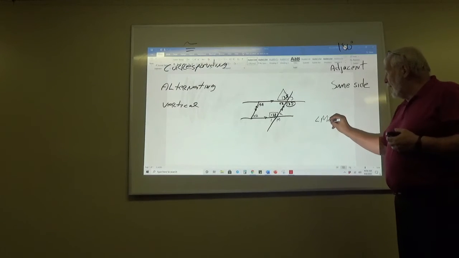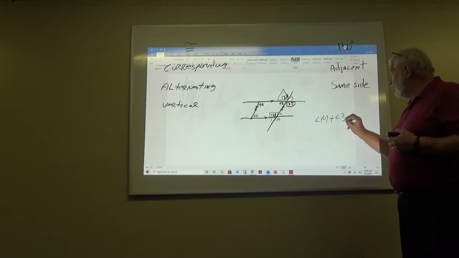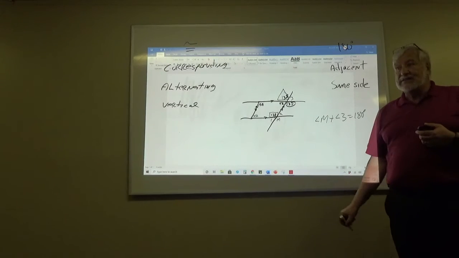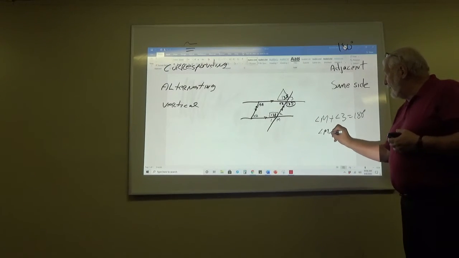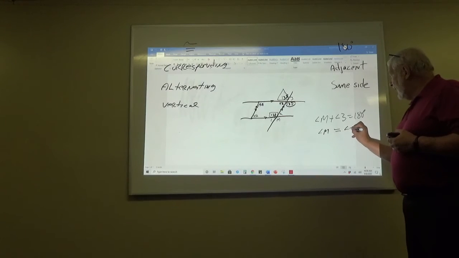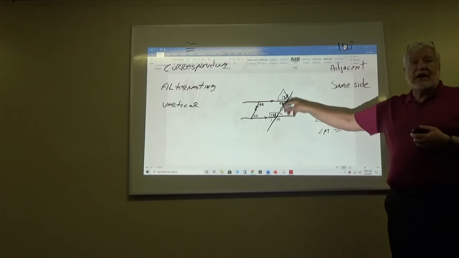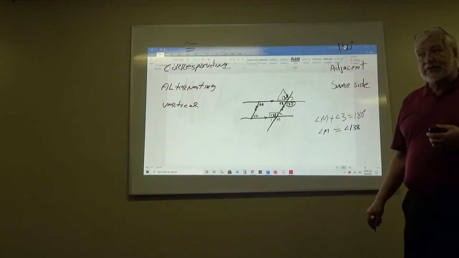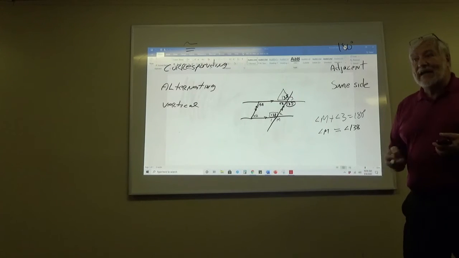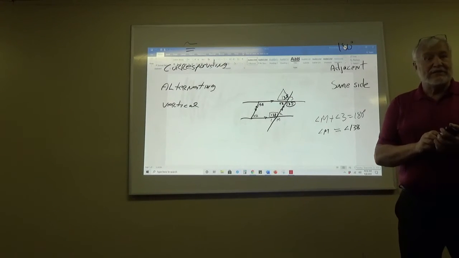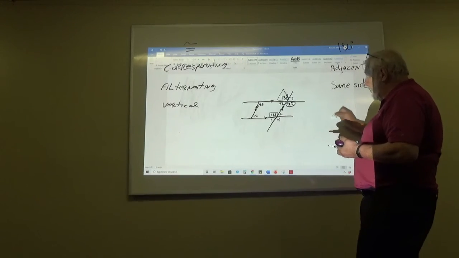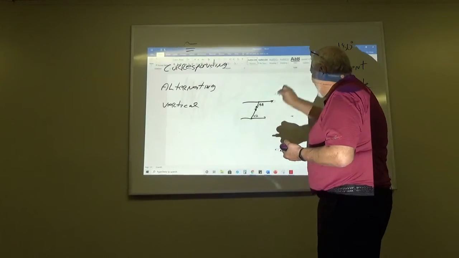So angle M plus angle 3 equals 180 degrees because they're same side exterior. Angle M equals 138 because they are, I mean, alternating exterior. Okay, that's the vocabulary. We'll talk about corresponding in a second.